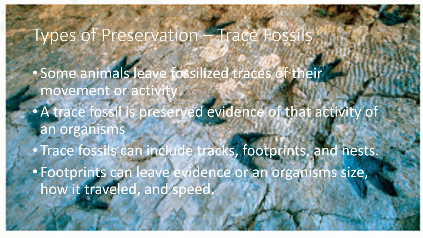The next type of preservation we have is trace fossils. Some animals can leave fossilized traces of their movement or activity. If something once lived in an area, you can sometimes find their remains in the form of footprints. You can find nests or left-behind feathers or poop.